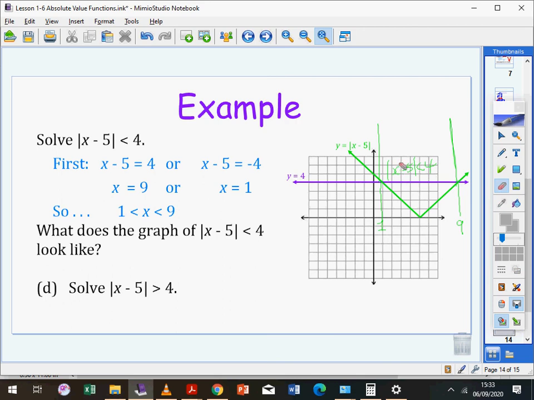If I'm looking for the values that satisfy the inequality |x minus 5| greater than 4, those are going to be values that are outside this region, which is going to be this side and that side. So my solutions to that would be x less than 1 and x greater than 9.